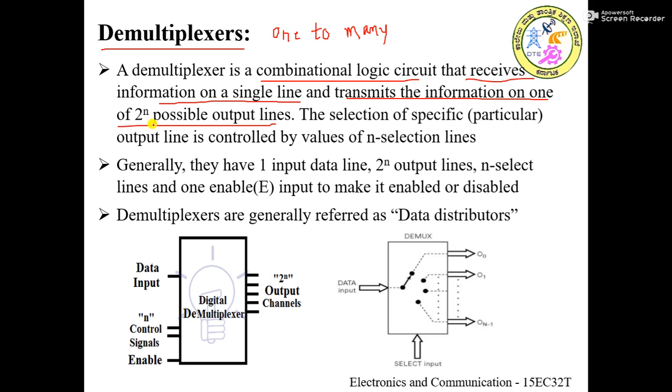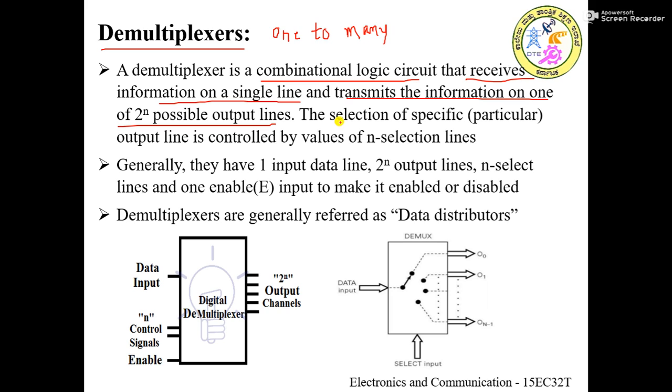Out of these 2 to the power of n possible output lines, which particular output line is to be selected depends upon the content of the selection lines. There will be n number of selection lines, as in the case of multiplexers also. The contents of the selection lines are used to select one of the data output lines out of the 2 to the power of n output lines.